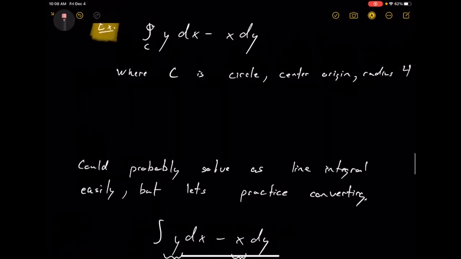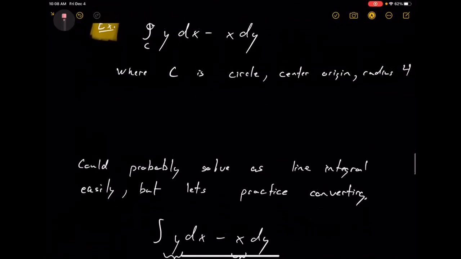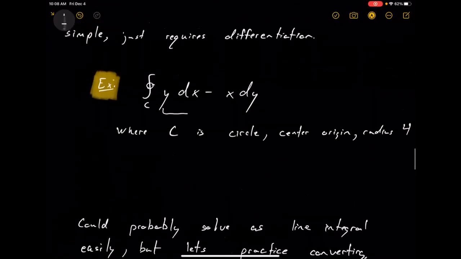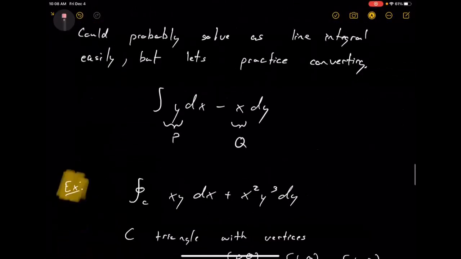First, when I'm looking at my line integral, I need to figure out what my P and my Q are. My P is always the stuff on my dx, and my Q is always the stuff on my dy. One thing to look out for is there's a negative sign here, so that's part of your Q.